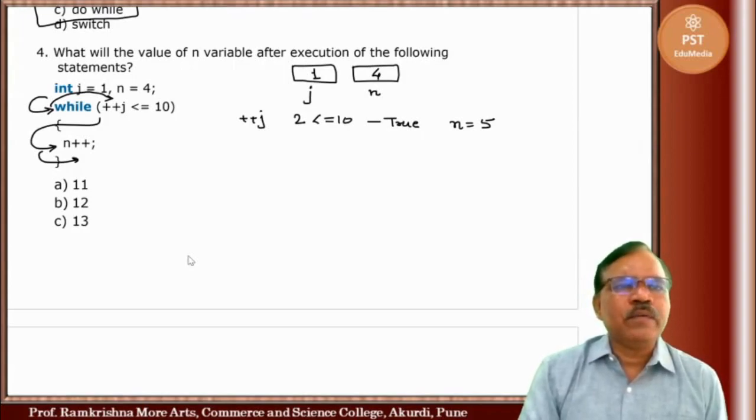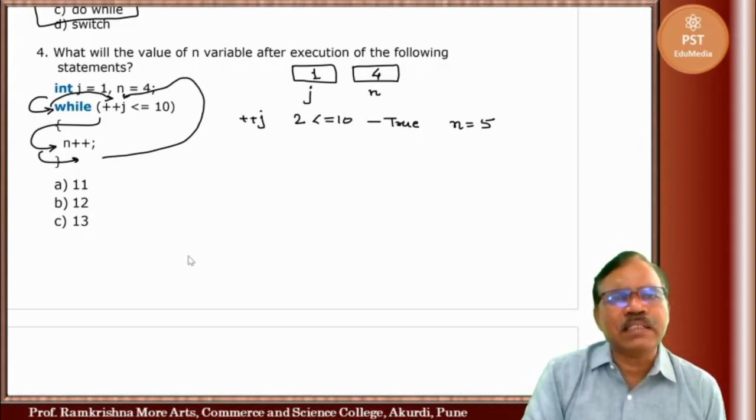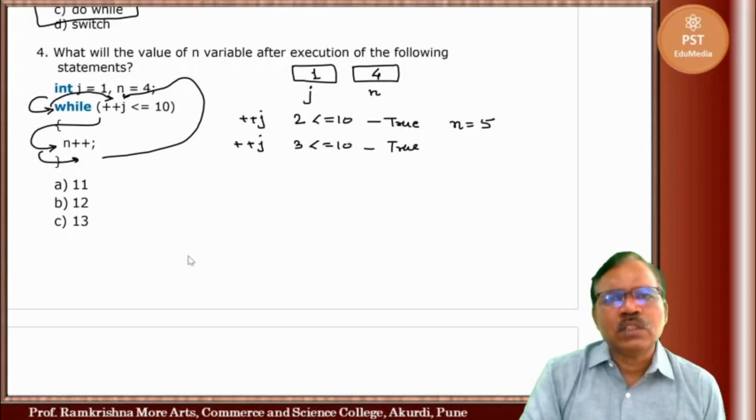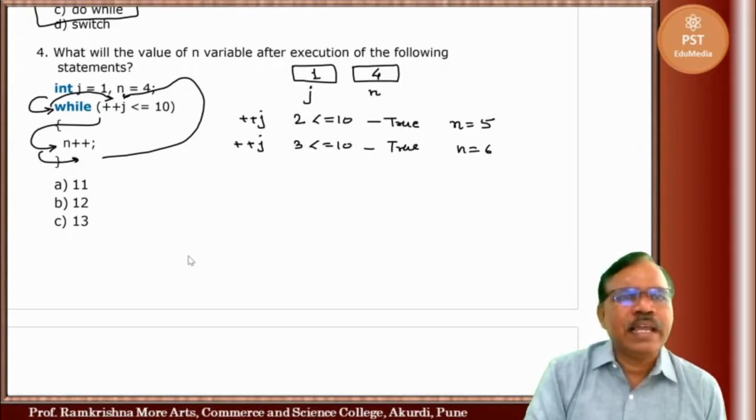Now it will go back with value j equal to 2. Now again plus plus j means j will become 3. It is less than or equal to 10. True. So it will enter in the loop. N plus plus. So n will become 6. Then it will again go back. Plus plus j.